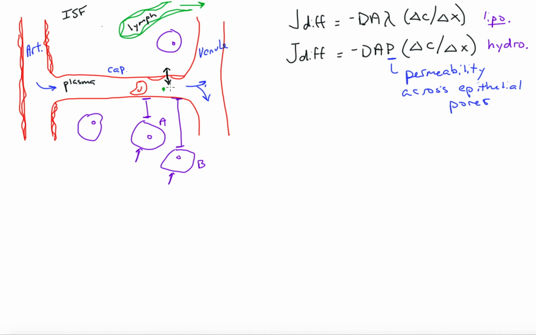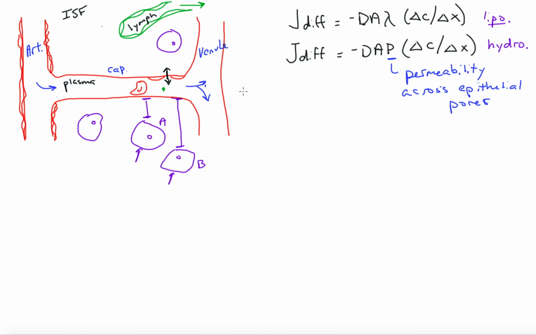And remember the reflection coefficient? The reflection coefficient is basically P. P is more generic, but it's the same idea. So if it's a protein, in most capillaries it's not permeable, so P would be 0. So diffusion of proteins from plasma to interstitium would be 0.